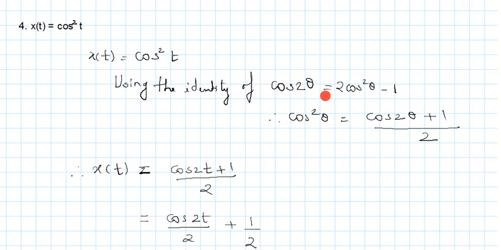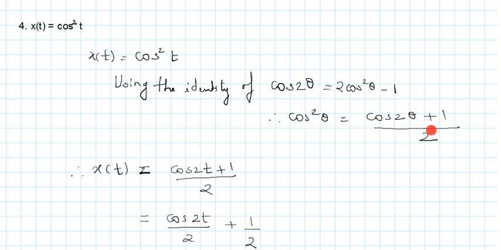So from this, if I rearrange, I get cos square theta to be (cos 2 theta plus 1) by 2. From this identity, I calculated cos square theta and expressed it in the form of cos 2 theta.